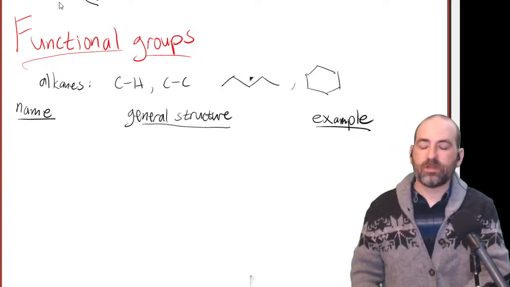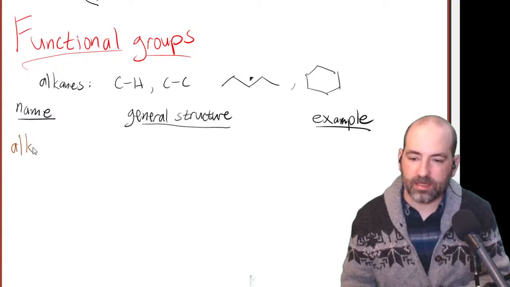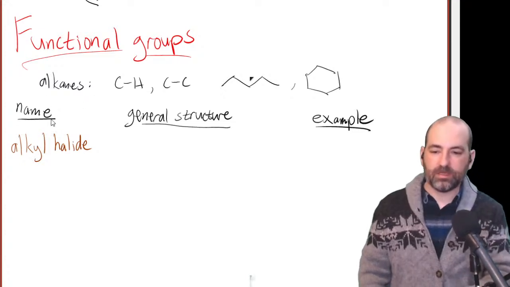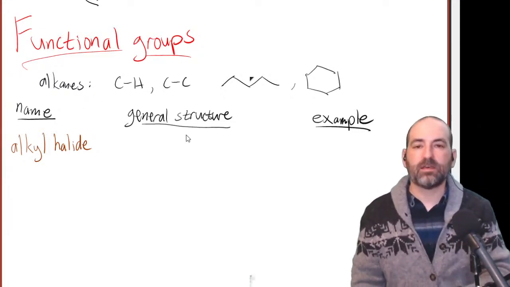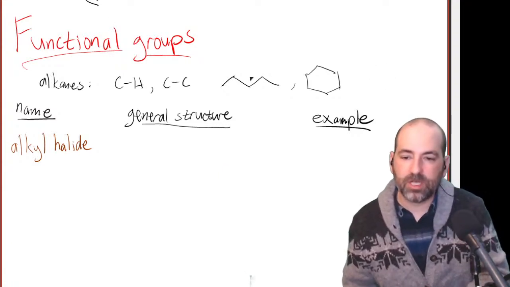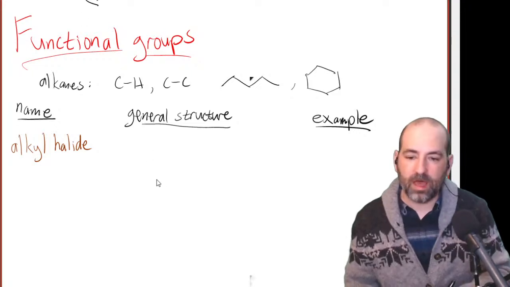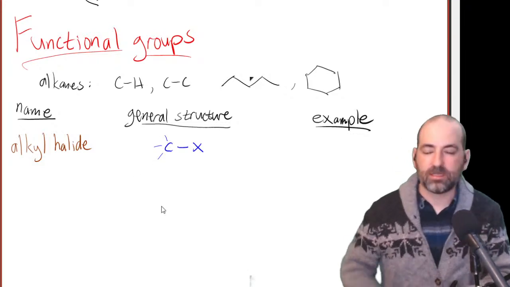So our first one is going to be very similar to the alkanes, and it's the alkyl halides. Alkyl means kind of like alkane, so it comes from an alkane. And halides are the halogens, so that's fluorine, chlorine, bromine, and iodine. So a general structure of an alkyl halide would have a carbon that is connected to some halogen, and then some other stuff connected on the other side.